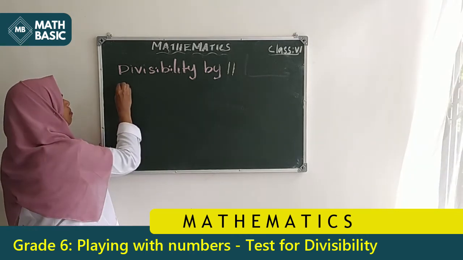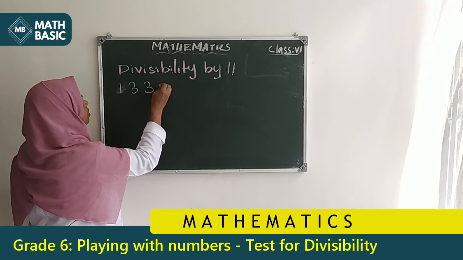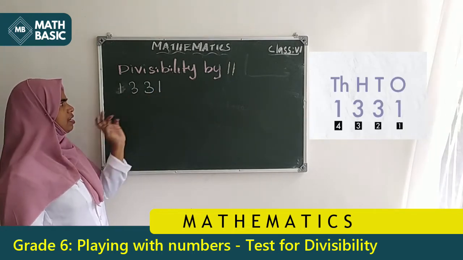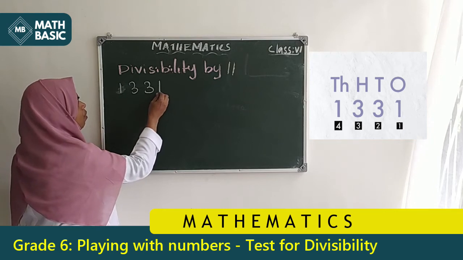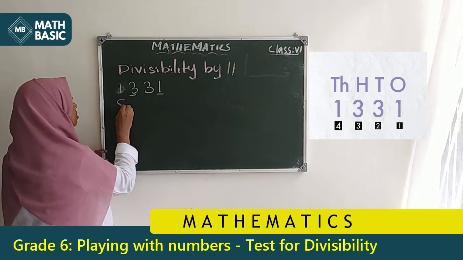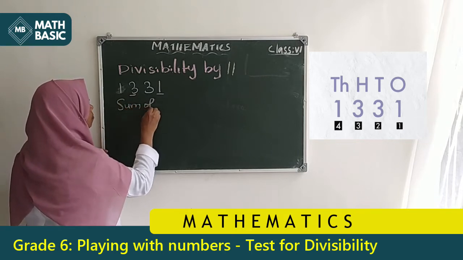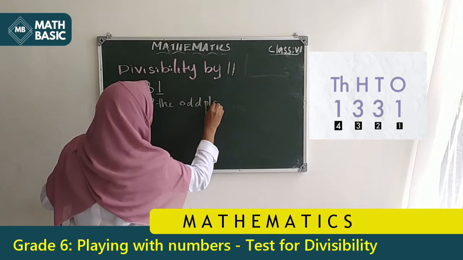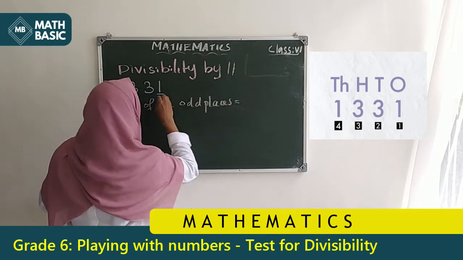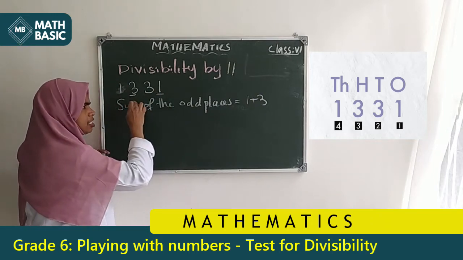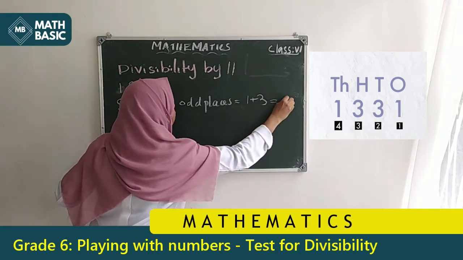Another example, 1331. Sum of the odd places. See, these are the odd places. Sum of the odd places equals 1 plus 3, that is ones place and hundreds place. 1 plus 3 is 4.